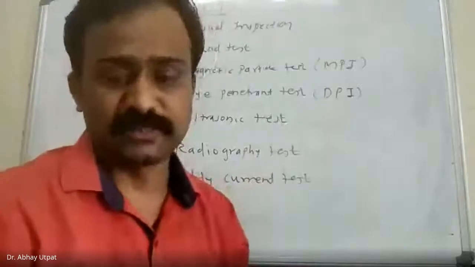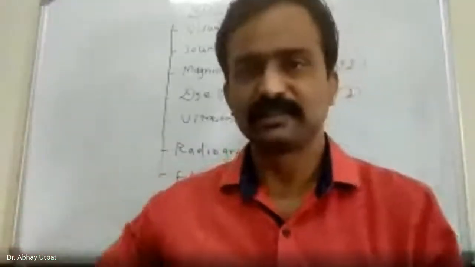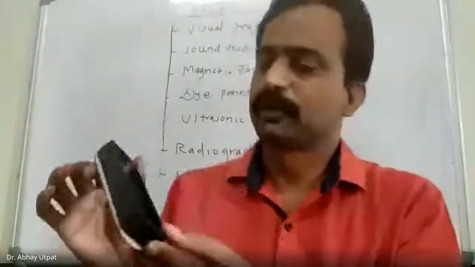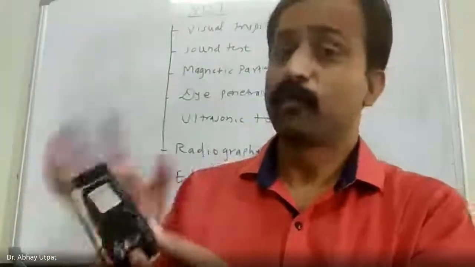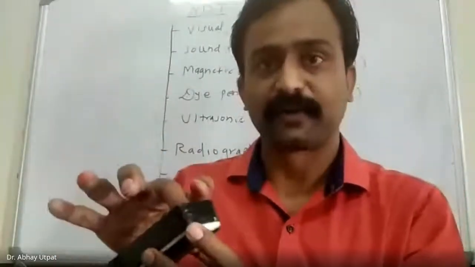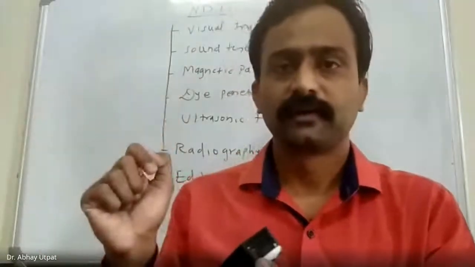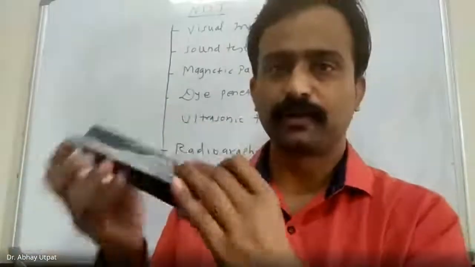How does it work? Very simple. You have cast something. In a small casting, suppose this is a duster I have cast, you just observe it everywhere, in the corners. If you have good eyesight, you can say, yes, here is a defect. You can just take a marker and make a circle. If the casting is small, you just rotate the component in hand.